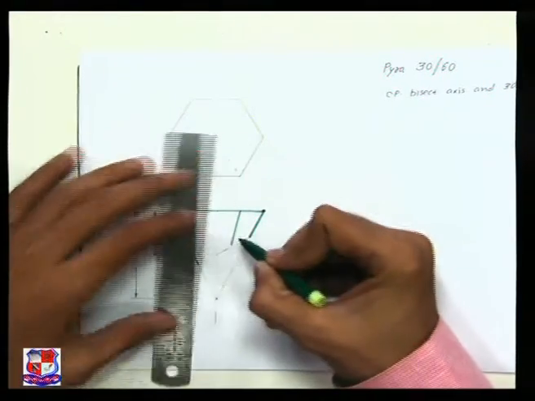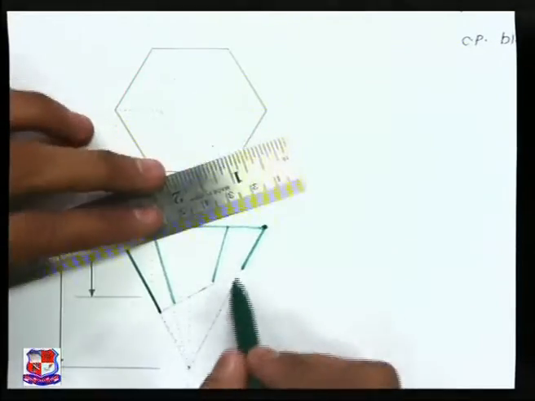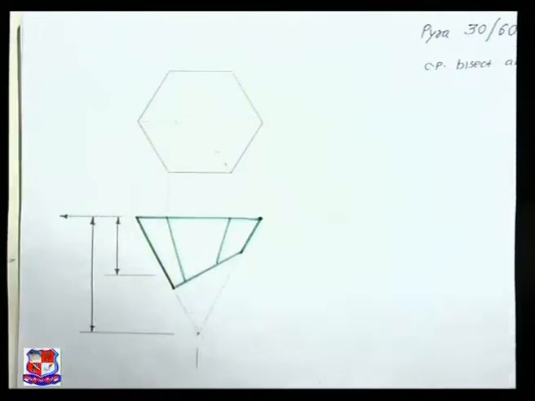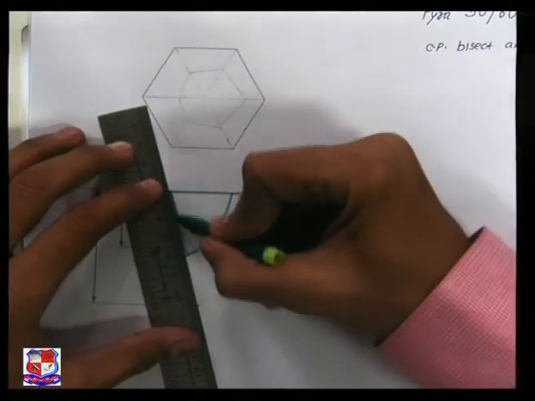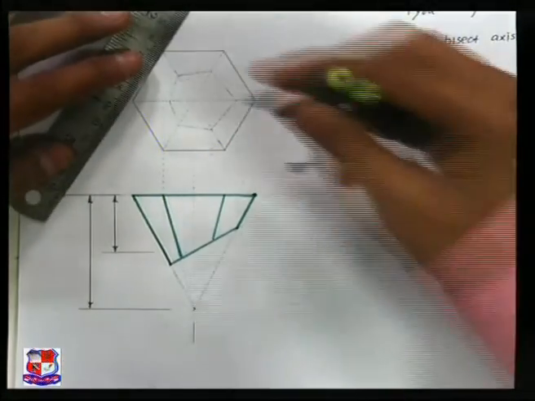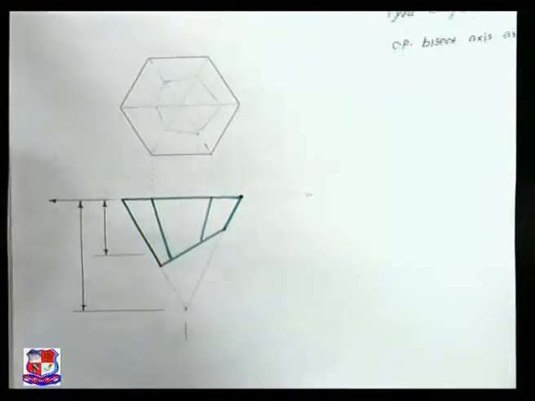Here would be the edge, and here also the edge would be there, and this is the portion. Right? Similarly, in top view the hexagon is there. I hope it's visible. Yes.